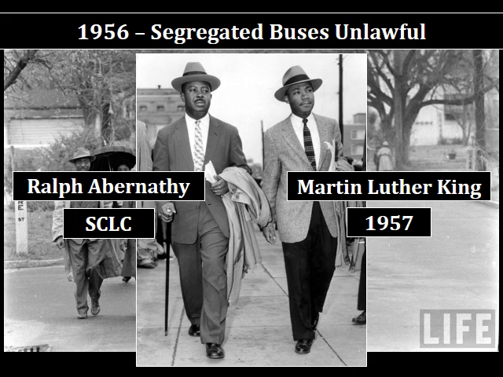Things like the SCLC, which is the Southern Christian Leadership Conference, the SNCC, which is the Student Nonviolent Coordinating Committee, and later, much later, is CORE, which is the Congress of Race Relations.